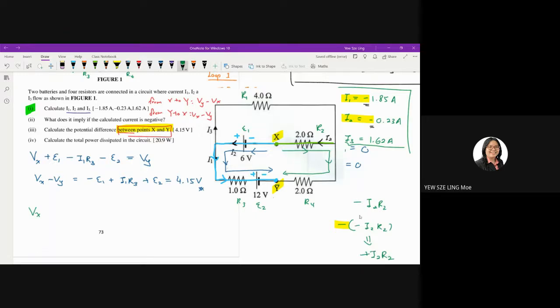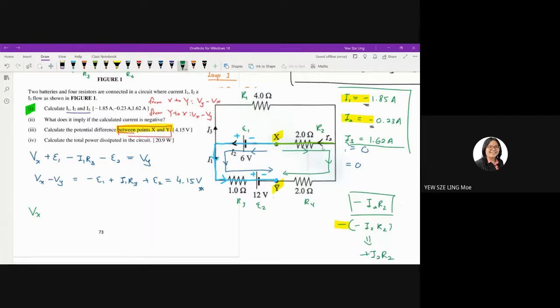So whenever you walk through a resistor, it should experience a potential drop. If the current and your traveling direction are pointing in the same direction, then we keep it as a negative value.